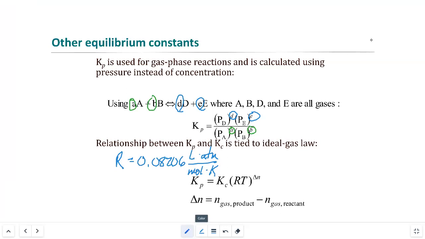I've never seen it actually verified that that's what it has to be. Like, no reference text says so. But every single example I've ever encountered has used atmospheres for the pressure unit and 0.08206 as the value of R. Temperature has to be in Kelvin. Cannot be in Celsius, cannot be in Fahrenheit.